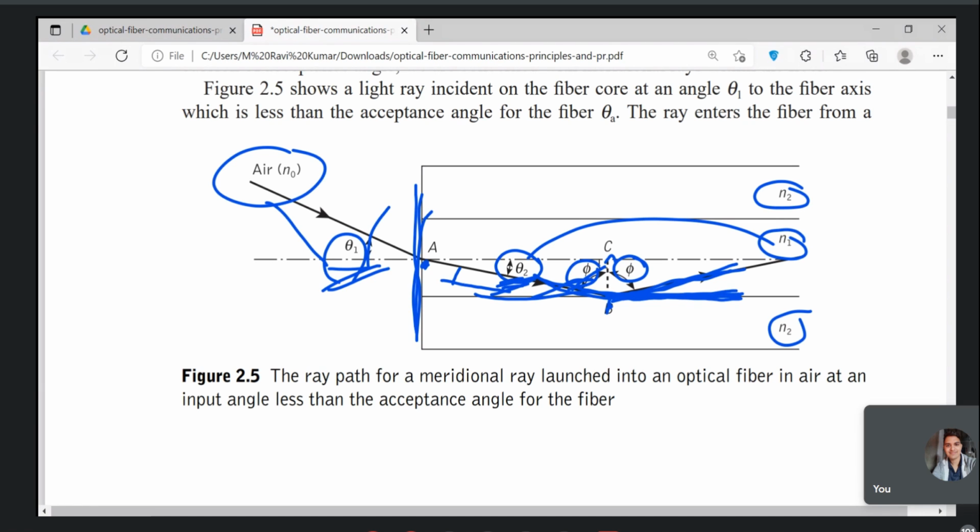I hope that is clear. As long as it is straight. So what if it is not straight? Yeah, if it is not straight, then you have to ensure that if this is my theta A, then your angle of incidence is much less than theta A. Is that clear?